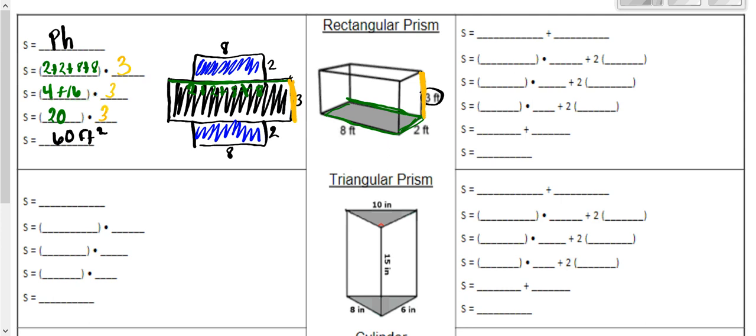So I'm going to add on my 2 bases. They've already shaded that base for me, so this is the base I'm going to use. So I'm adding on both of these bases to get my total surface area.